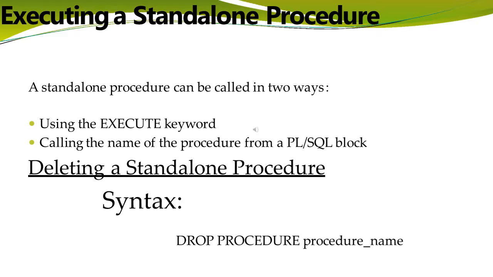The above procedure's name greetings can be called with the execute keyword. The above call will display hello world and then PLSQL procedure successfully completed. The procedure can also be called from another PLSQL block: begin greetings; end; The above call will display hello world, PLSQL procedure successfully completed.